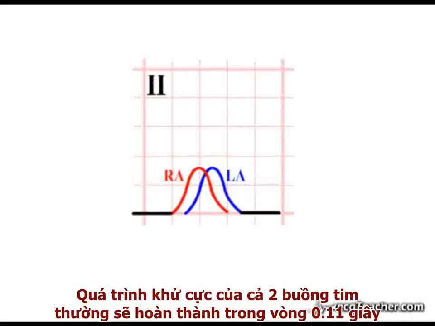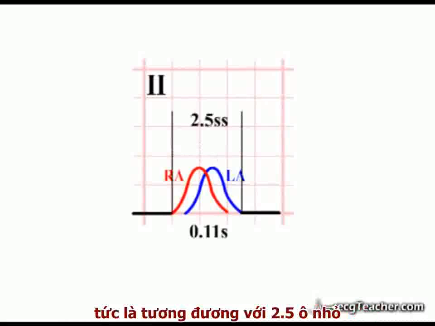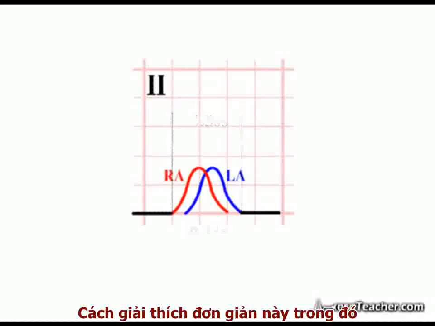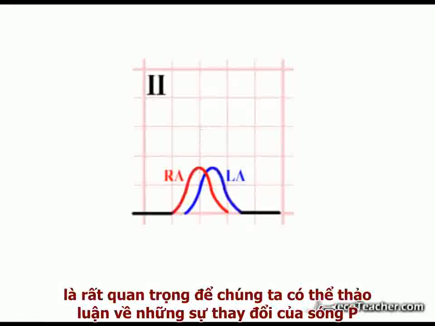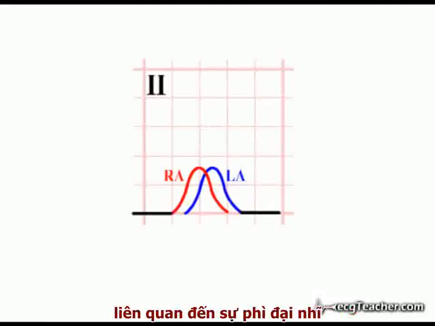Depolarization of both chambers is normally complete within 0.11 seconds, approximately 2.5 small squares. This simple concept of the normal P wave as a composite of two temporally separated depolarization events becomes important when we go on to consider the changes in P wave morphology associated with chamber enlargement.